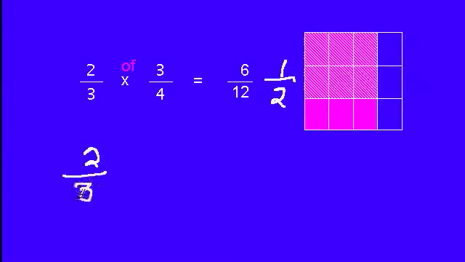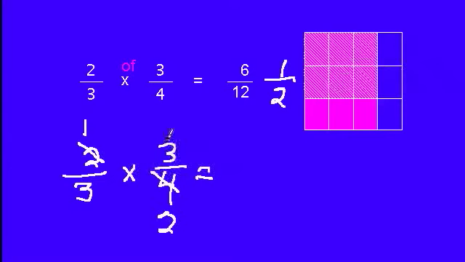Okay, but we can also reduce it here, as long as you divide top and bottom by the same number. So here, if you divide top and bottom by 2, 2 goes into 2 once, into 4 twice. Then dividing top and bottom by 3, as long as you do them in pairs, one of the top numbers and one of the bottom numbers.